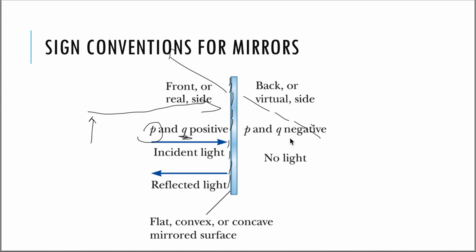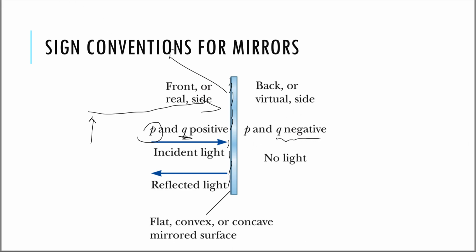So if the image is formed behind the mirror, q is negative. That is the sign convention for p and q, and it works whether your mirror is flat, convex, or concave. Object and image in the front is positive; object or image in the back of the mirror is negative.